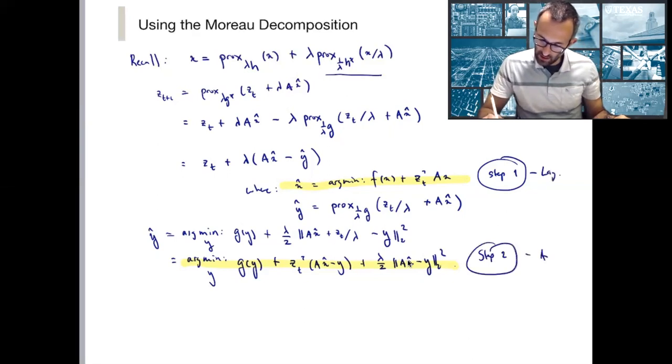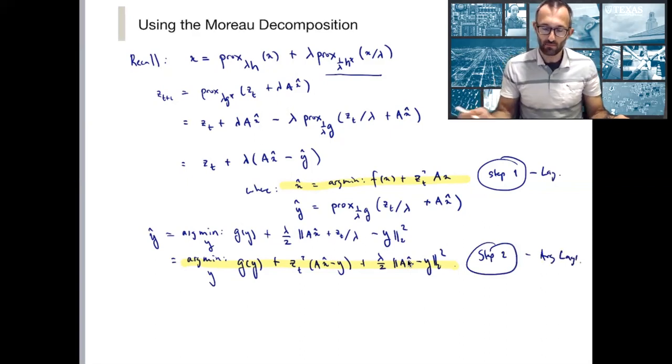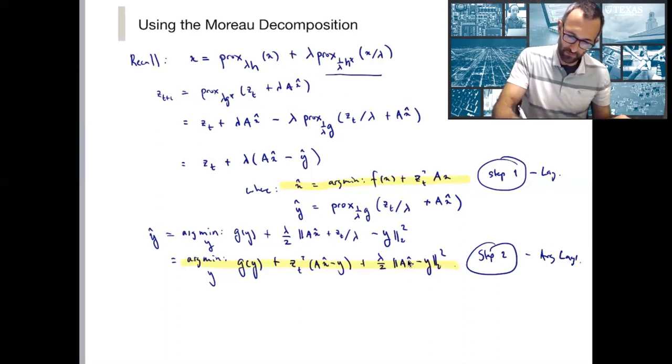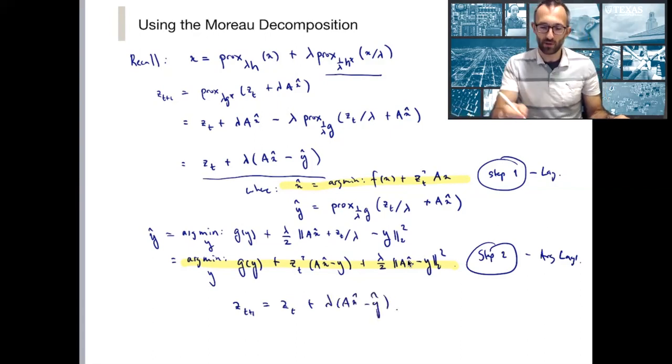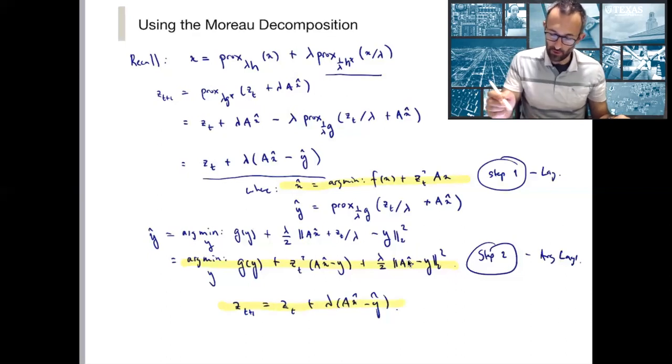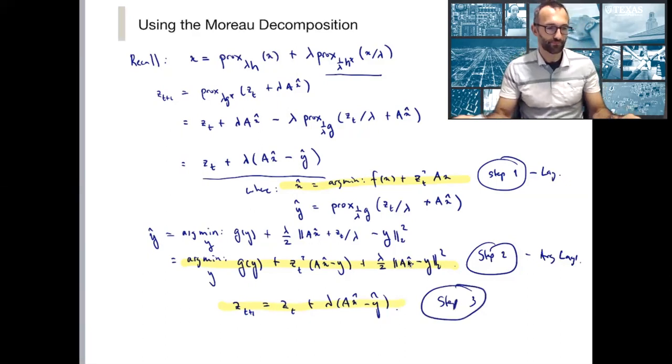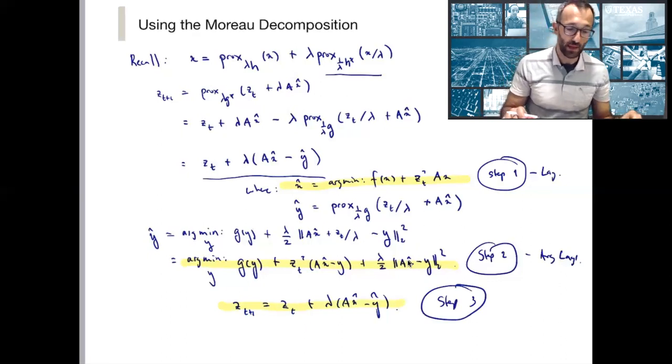Step 2 is my augmented Lagrangian. And then step 3 is putting it all together. I'll just write it out again. It's really this term: zt plus 1 is equal to zt plus lambda times (Ax hat minus y hat). So everything is now decoupled. So this is proximal gradient in the dual.